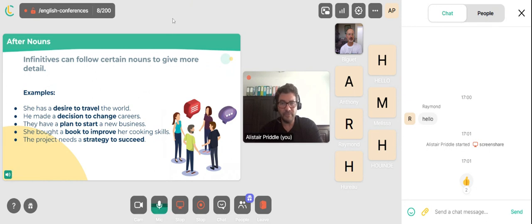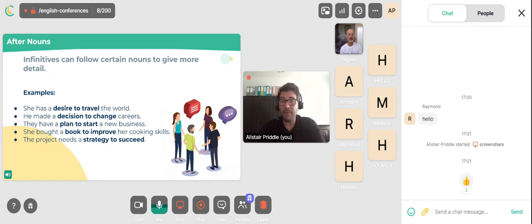Let's have a look at full infinitives after nouns. Infinitives can follow certain nouns to give more detail. Let's have a look at these examples. She has a desire to travel the world. He made a decision to change careers.